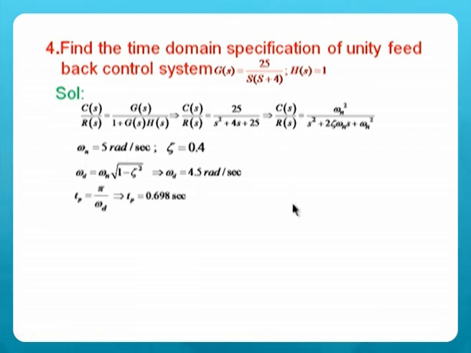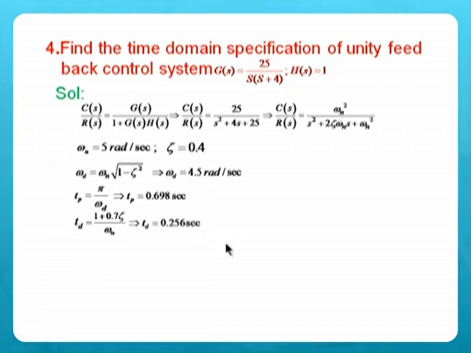Now you can calculate all the time domain specifications. Tp is the peak time, pi by omega d, and in the calculator you should choose the radian option, and then calculate the peak time pi by omega d, where omega d is 4.5. So you get peak time as 0.698 seconds.